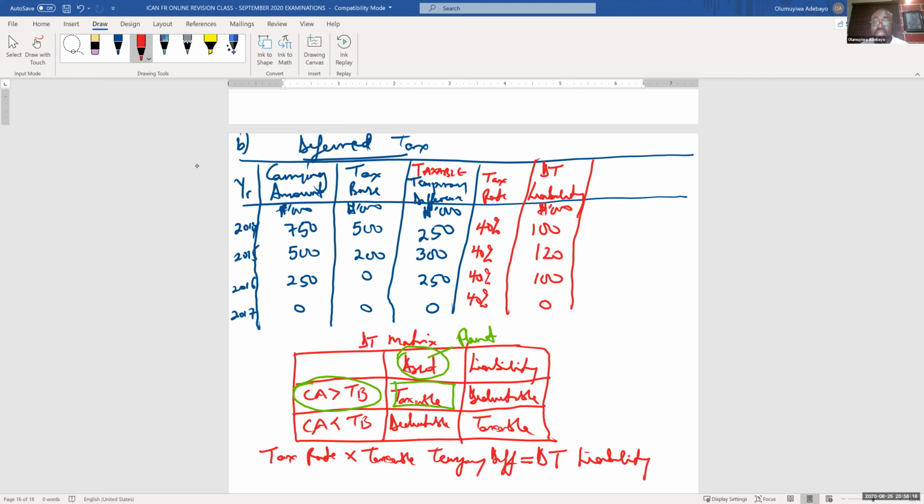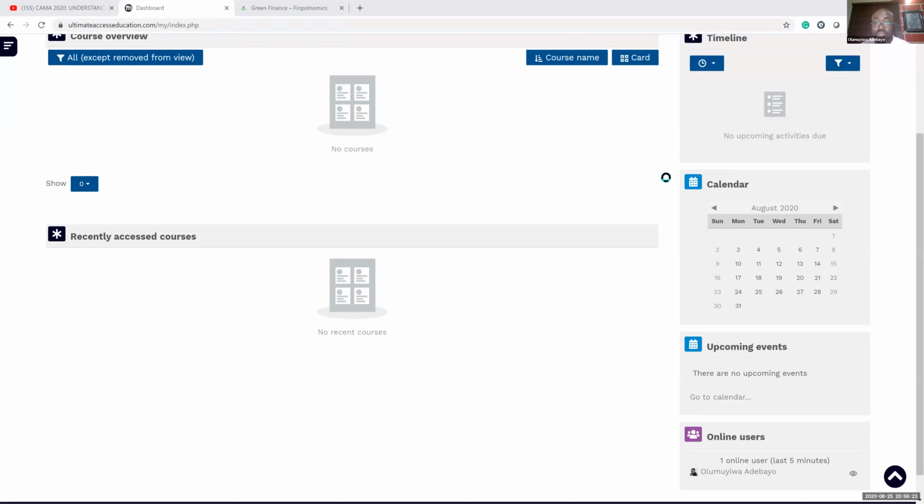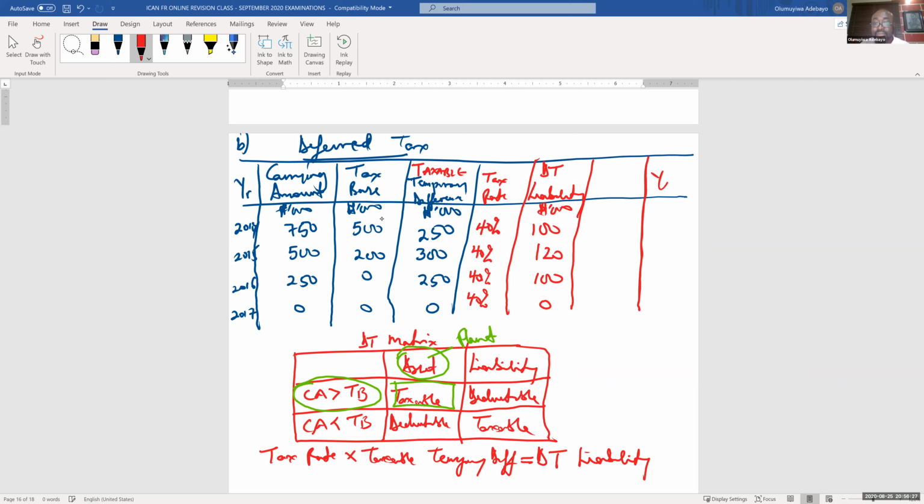And I'm going to explain what it is. Okay, the year. Let me put it here because it's not clear at the other side. This 14, 15, 16, and 17.